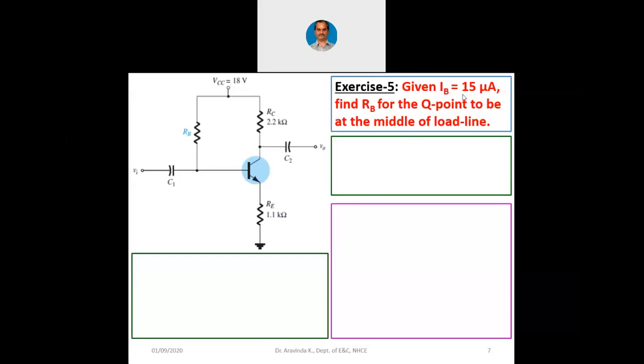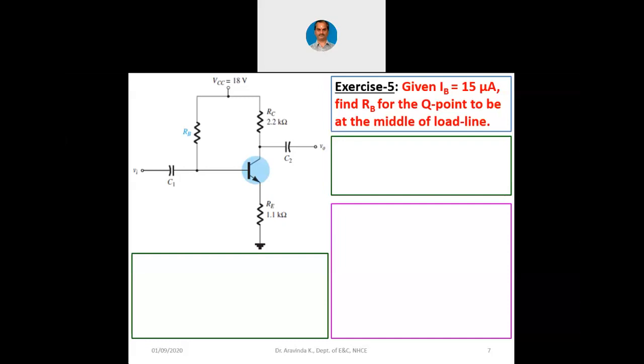Given IB equals 15 microampere, find RB for the Q point to be at the middle of the load line. This is the exercise given. So if the Q point has to be at the middle of the load line, here VCC given is 18 volts. So here it must be 9 volts. And how to find out the current? IC sat we can find out assuming saturation here: 18 volts divided by 2.2K plus 1.1K, which is 3.3K.